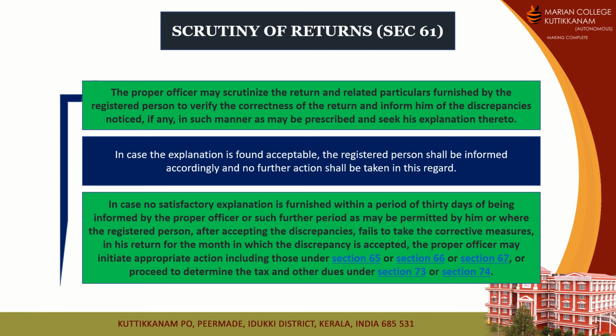This is done to ensure the correctness of the return, and if the proper officer identifies any discrepancies or any issues related to the filing of the return, he can ask the taxable person for an explanation regarding the discrepancy. Okay. If the explanation is found acceptable or reasonable, then the registered person shall be informed accordingly and no further action shall be taken in this regard. Everything will go smoothly.